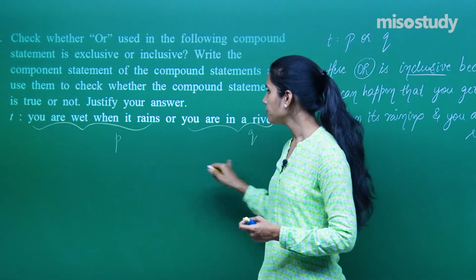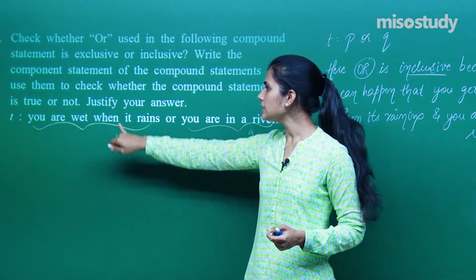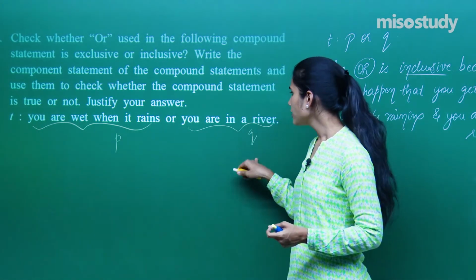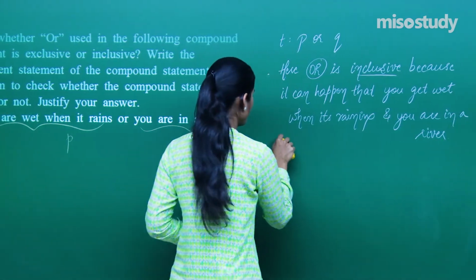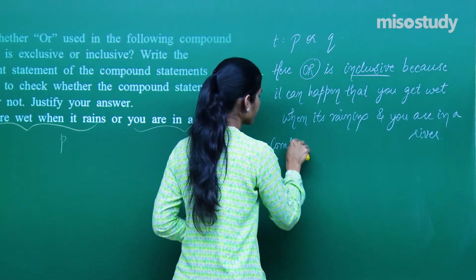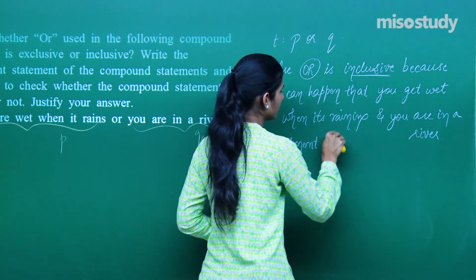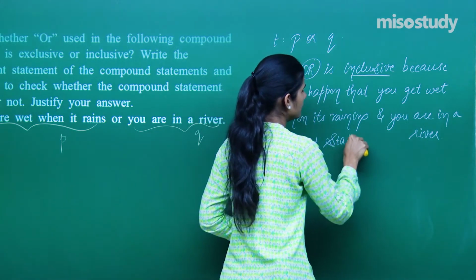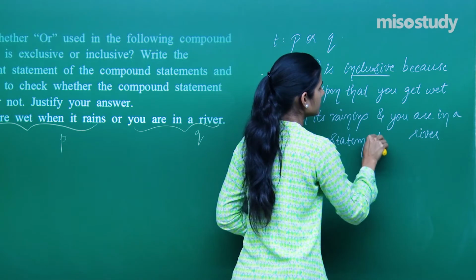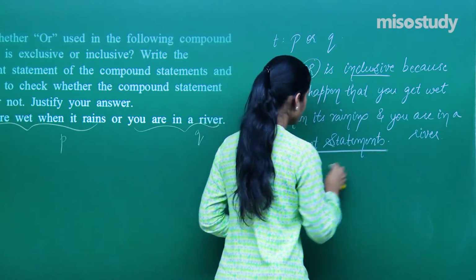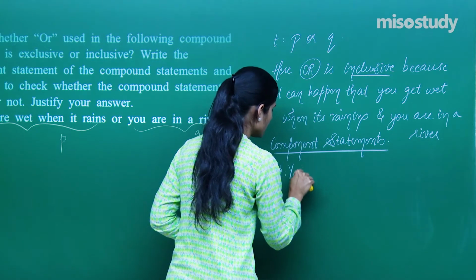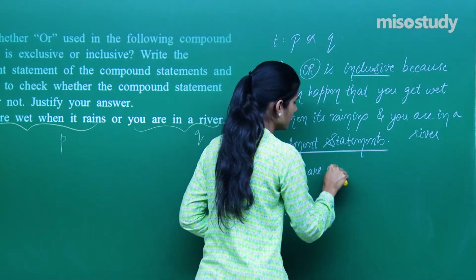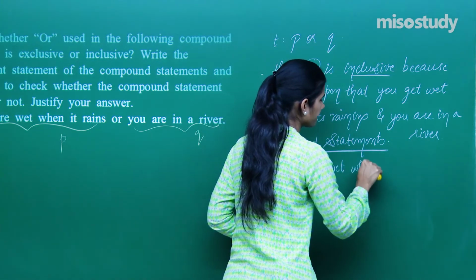This is your component statement. Component statements are P and Q. P is you are wet when it rains and Q is you are wet when you are in a river. This is your P and Q. So your component statements are what? Let's write the component statements associated to this compound statement. You are wet when it rains.